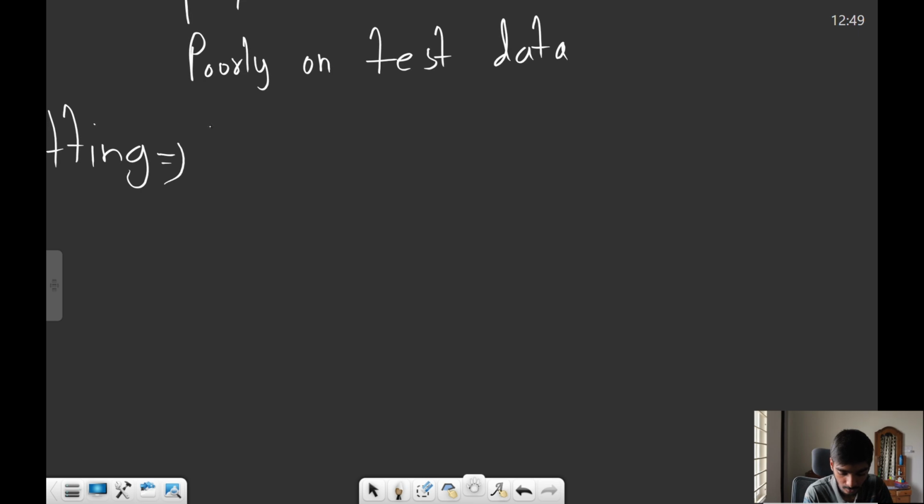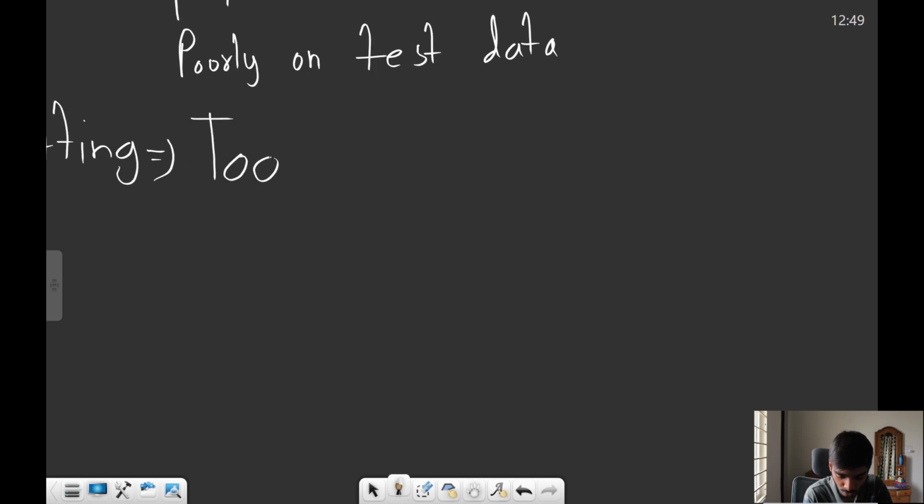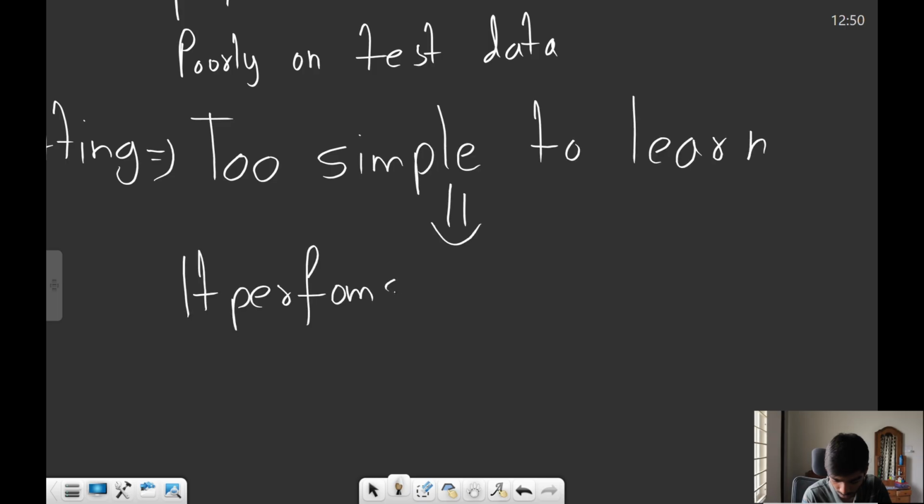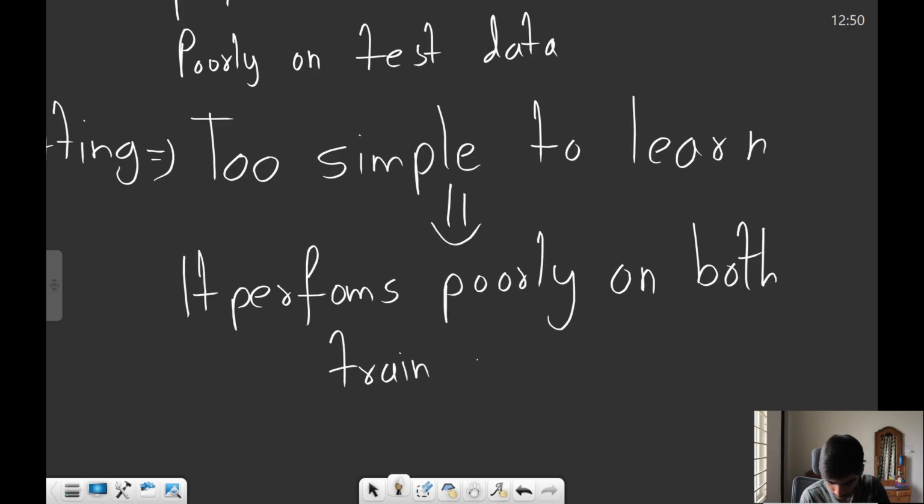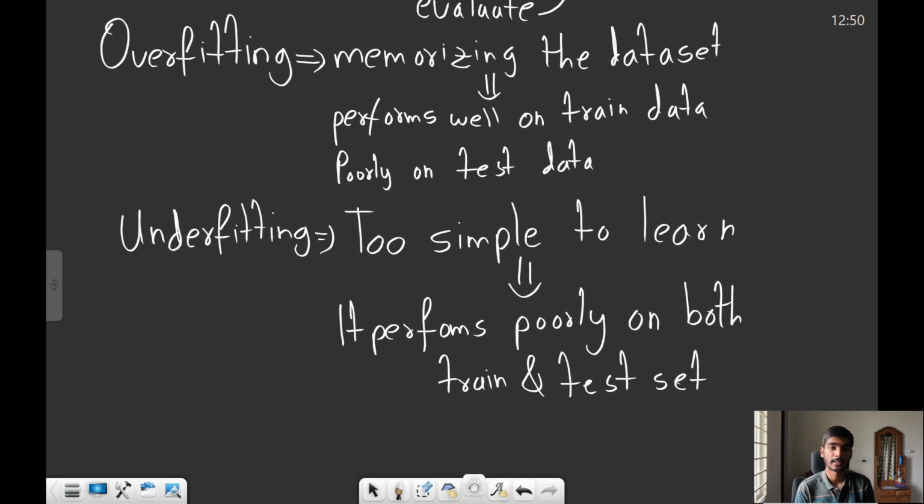And underfitting is when the model is just too simple to learn the underlying patterns. It performs poorly on both train and test sets. So you also need to find the exact point between overfitting and underfitting by plotting the graphs of accuracy and error.